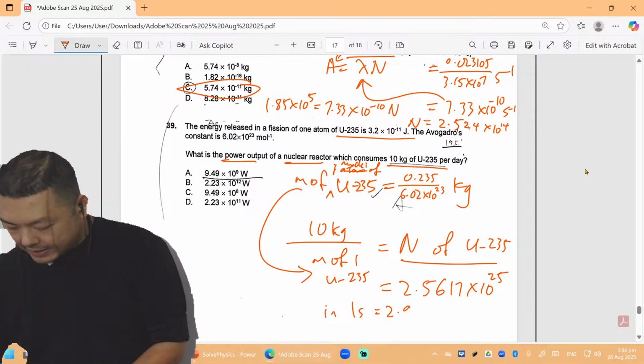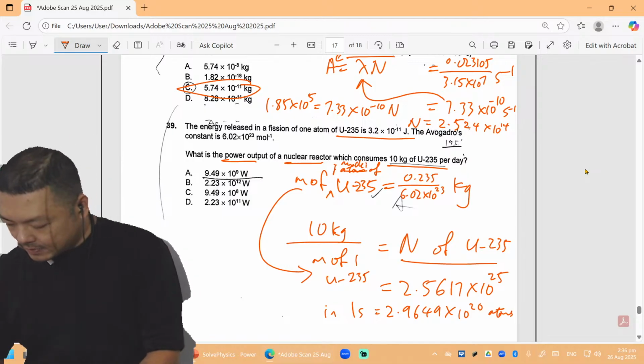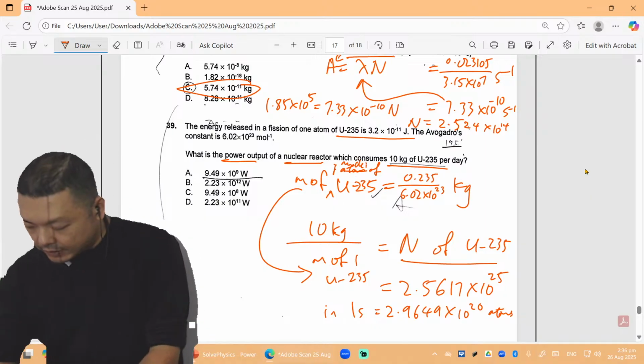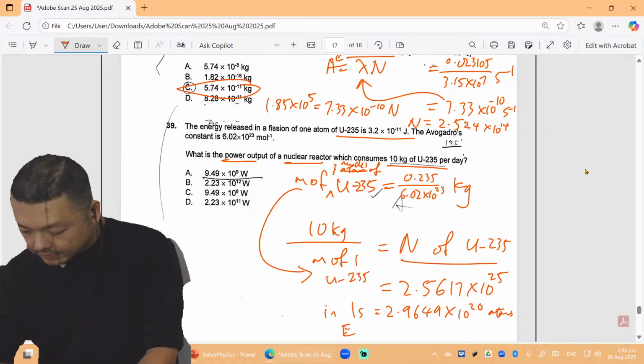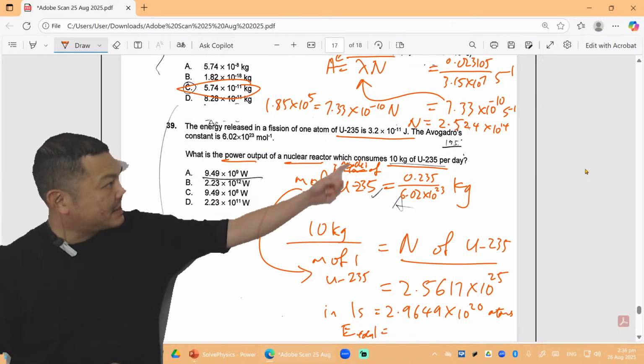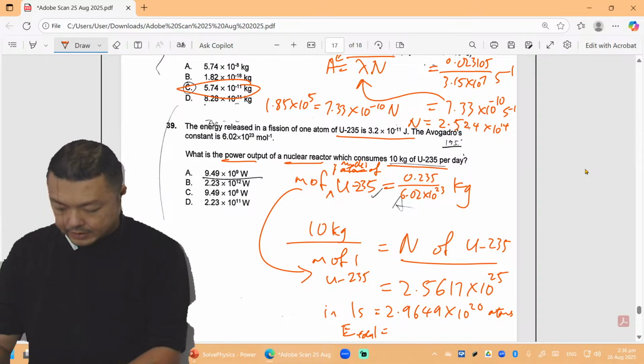So it's 2.9649 times 10 to the power 20, right? Atoms in 1 second. Okay, this is number of fission. So therefore, the total energy will be this number of atoms times that one there. Right, so answer times 3.2 times 10 to the power of minus 11.